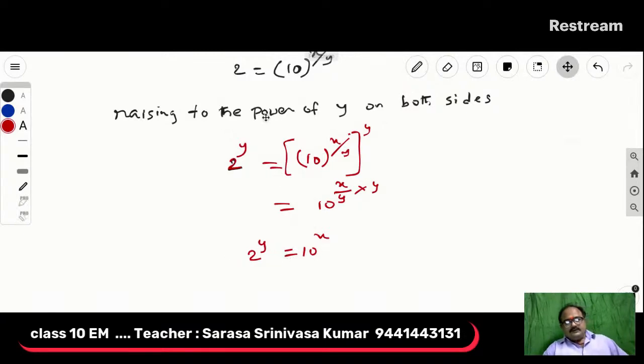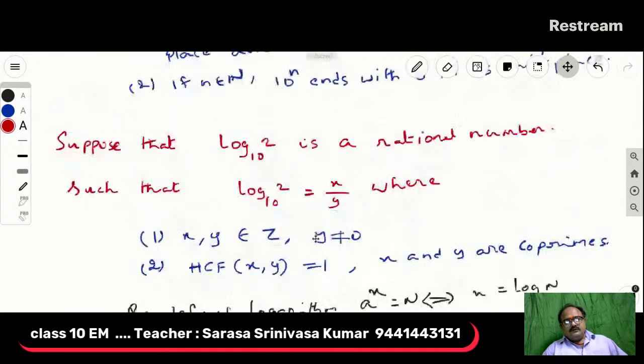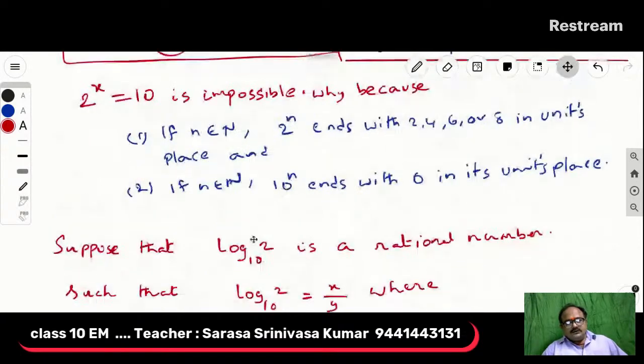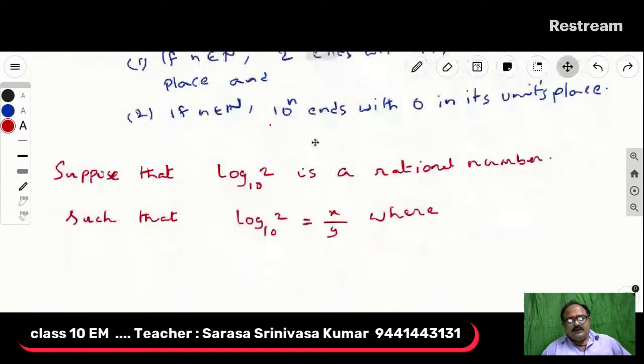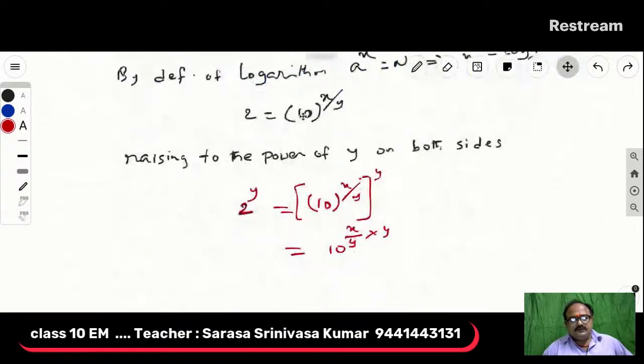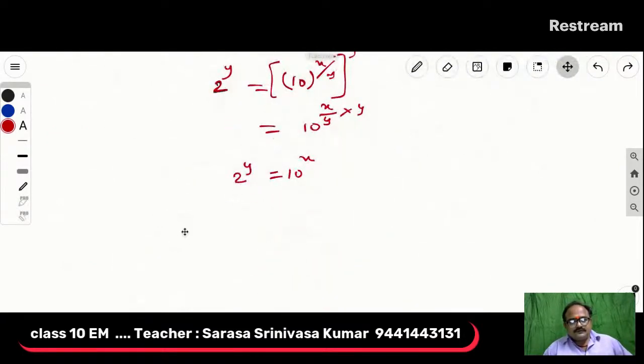So here in the above, we have proved that 2 to the power of x is not equal to 10, and also 10 power n. 2 power x cannot be equal to 10 in the above step.